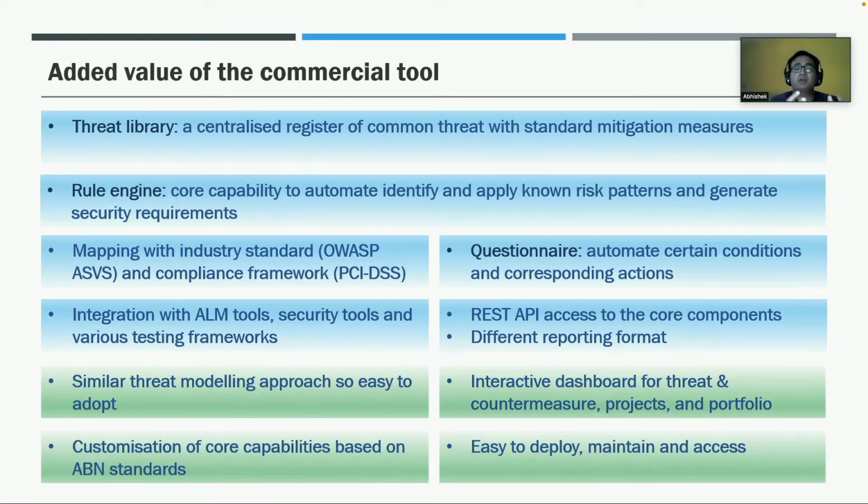The threat library you can consider as a register of common threats and their standard mitigation measures. So if a team is developing their threat model on this tool, they can pick up one component in their DFD, and based on that component and the linked threat library, some threats and their associated countermeasures are added to the threat model itself.